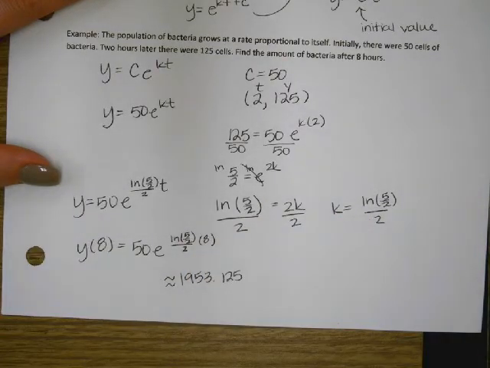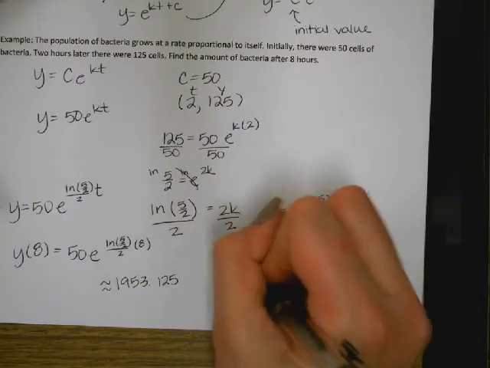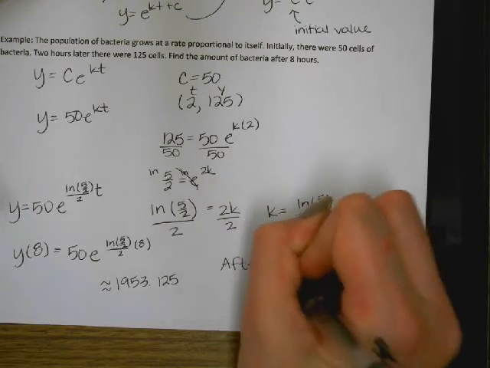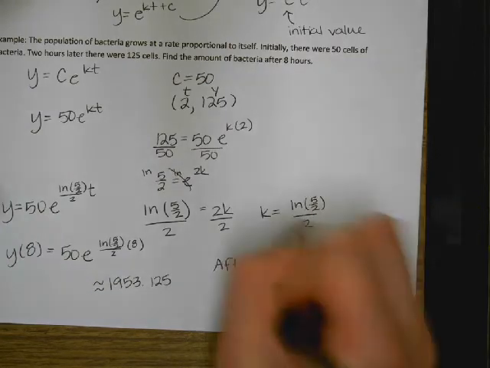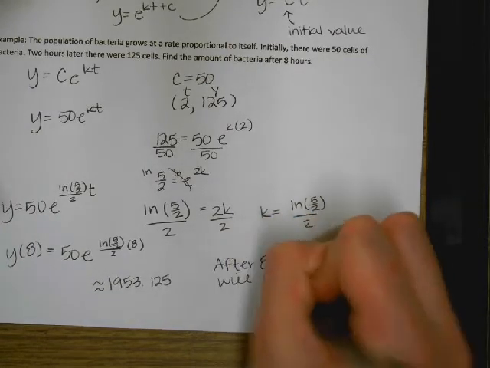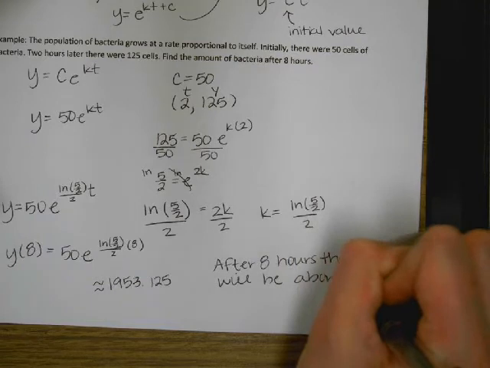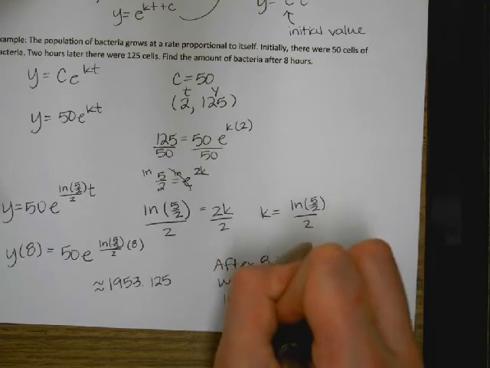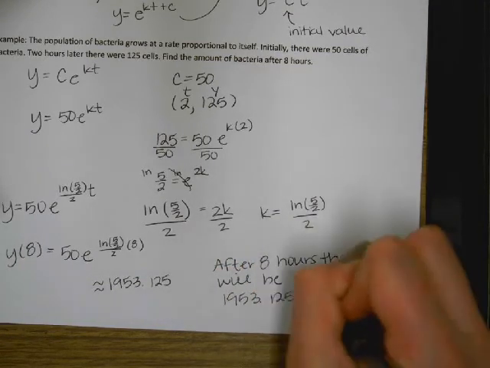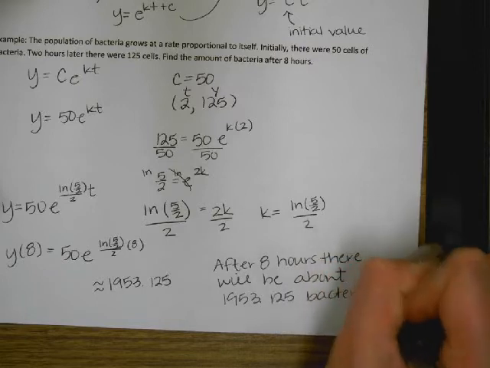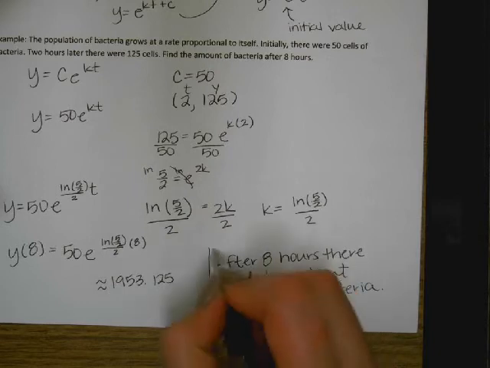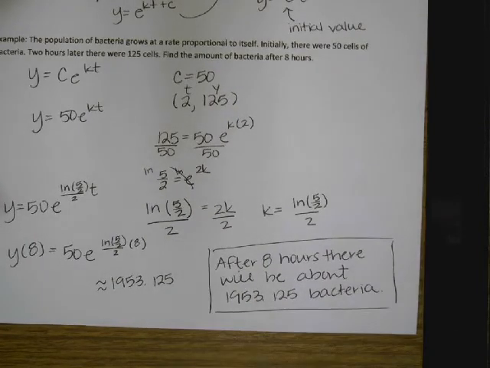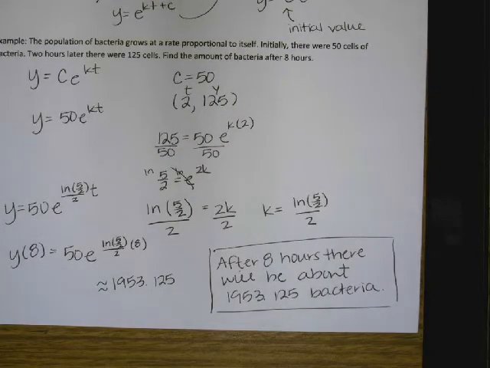So I'm going to say after 8 hours, there will be about that many bacteria. So remember, anytime we have a story problem, we should have a story answer. I do want to see full sentences on problems like that.